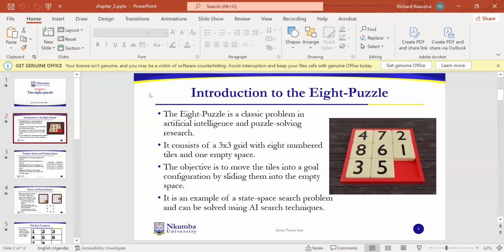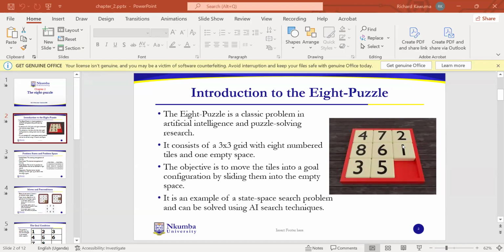Okay. So if someone told you to arrange these numbers in the form of 4, 7, 2, 8, 6, 1, 3, 5, the issue is, how are you going to use this empty space here and move these numbers? So as you are here, there's a possibility that you move down, then you move like this.